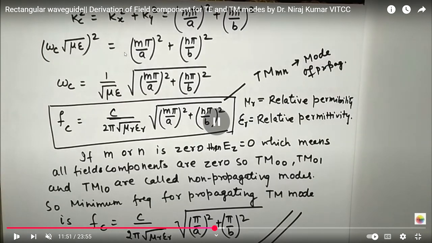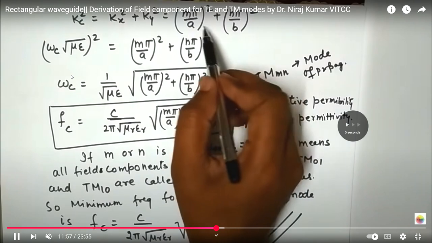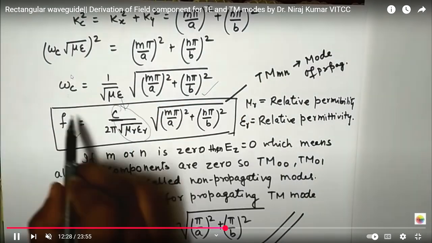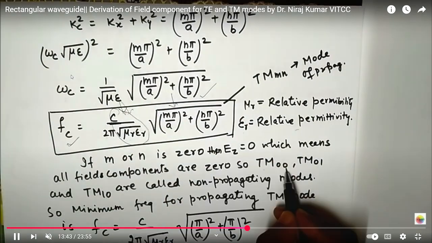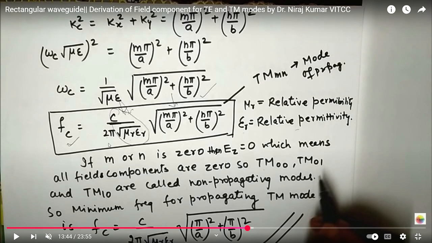Then if we put the values of kx and ky, m pi by a and n pi by b, we will get our cutoff frequency. We can see an important line: if m or n is equal to 0, Ez will be 0, which means all field components are 0.